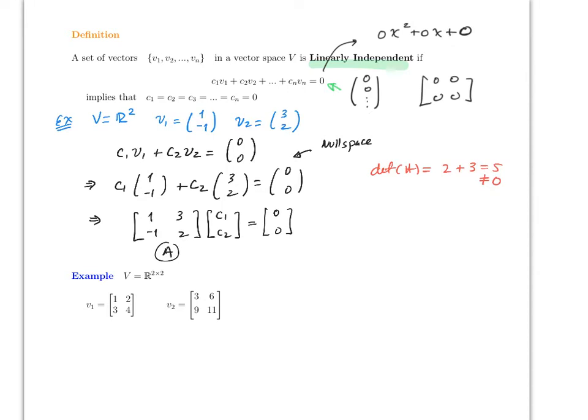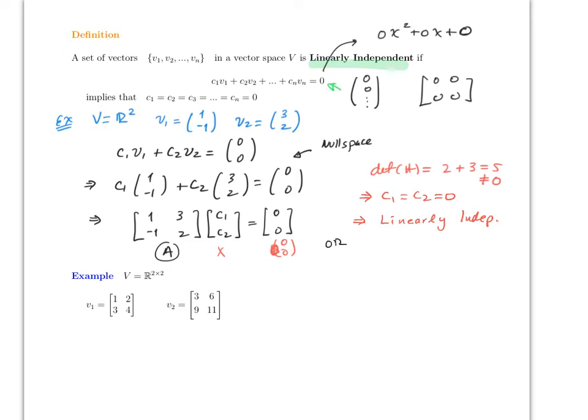The point is that it's not equal to 0. So that implies that this homogeneous system has a unique solution. The only values that solve the system are C1 equals 0 and C2 equals 0. So that implies that they are linearly independent.